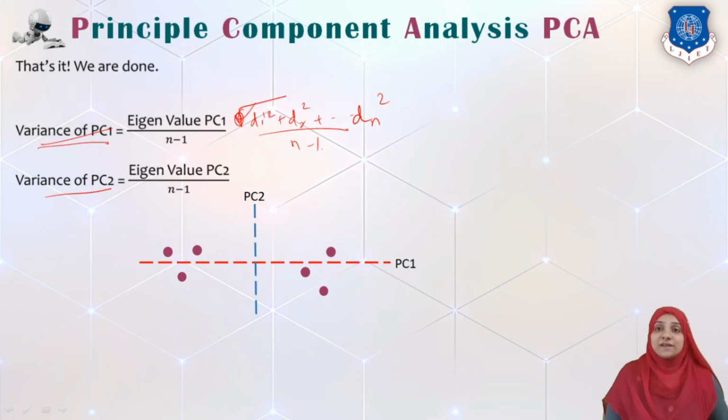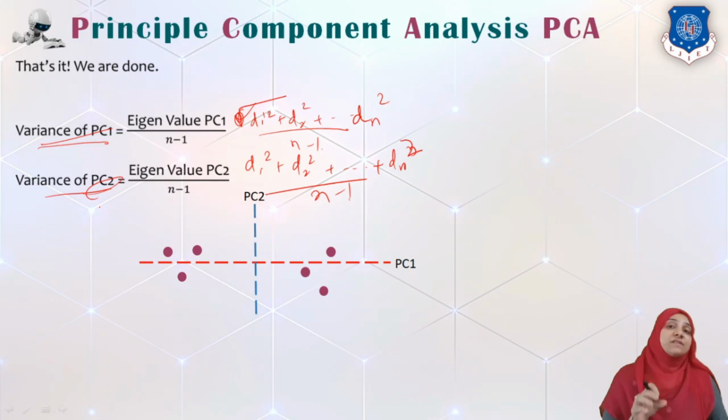Likewise, the eigenvalue for PC2 is the sum of squared distances to the second principal component axis, with n points, divided by n minus 1, which is the variance of PC2. That gives us the information contained in each axis: how much information is there in axis PC1 and how much in axis PC2.